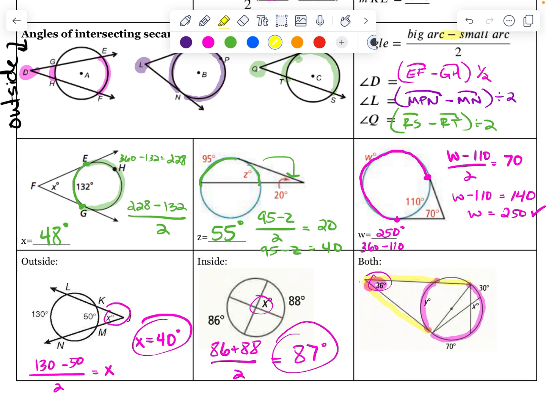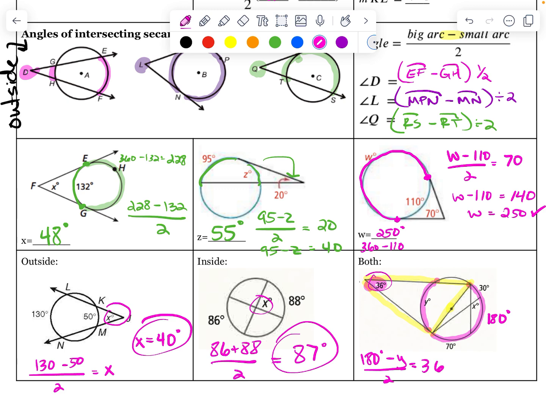So I know that this is on the diameter because I have that center right here. So I know that that big arc right there is 180 degrees. So this is 180 total. So I can do 180 big minus small divided by 2 equals the outside.